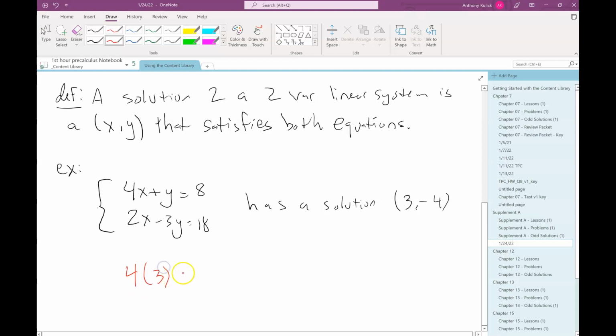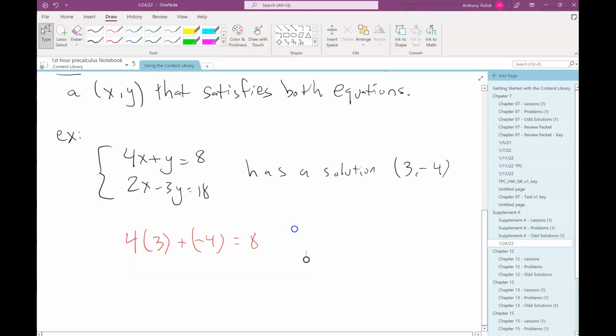The reason I know that is because when I plug in 3 for x and negative 4 for y, the first equation is satisfied. And I do the same thing in the second equation, that's also satisfied.